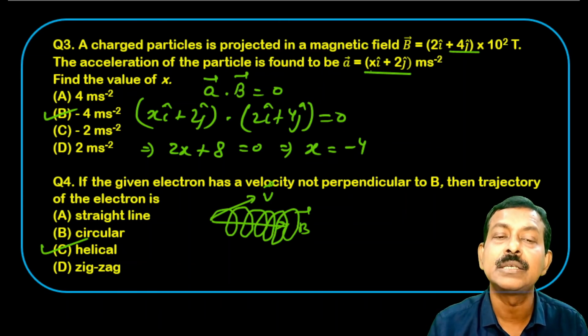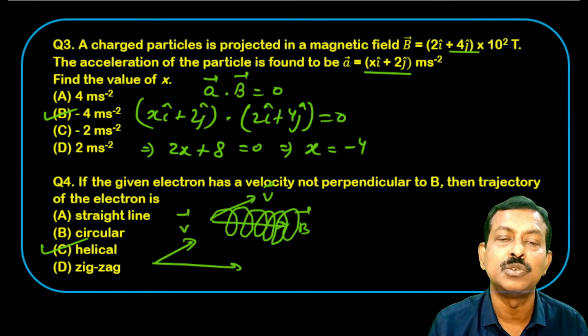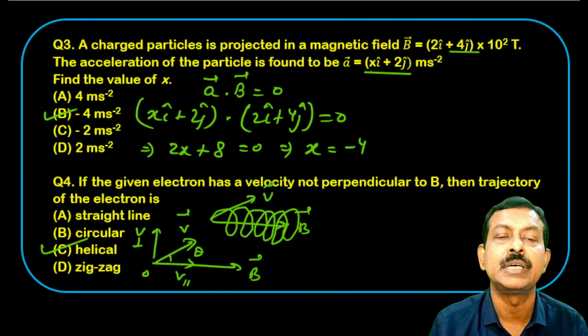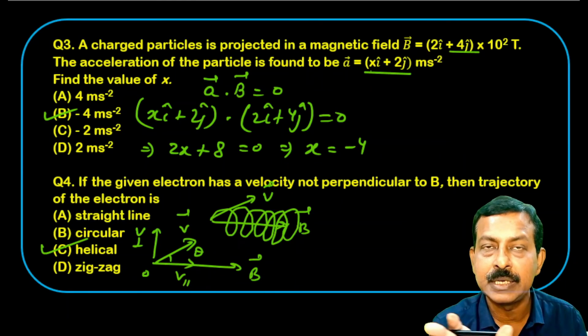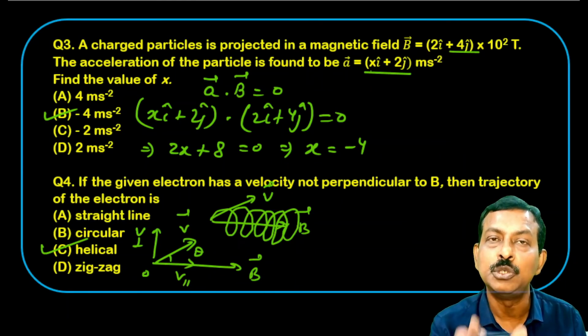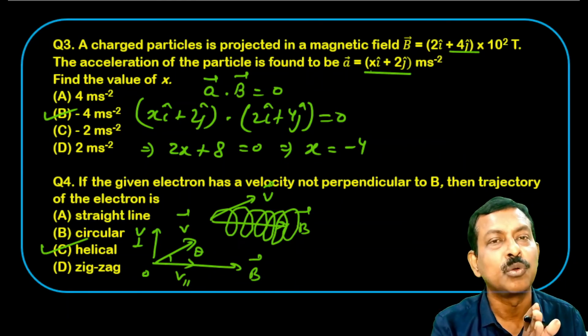Now why is it helical? If you consider the velocity, this is v and this is B. Velocity we can resolve in two components. One is v perpendicular, and another is v parallel. Say the angle is theta. Now v parallel, which is in the direction of the magnetic field, due to which the charged particle will go undeflected.